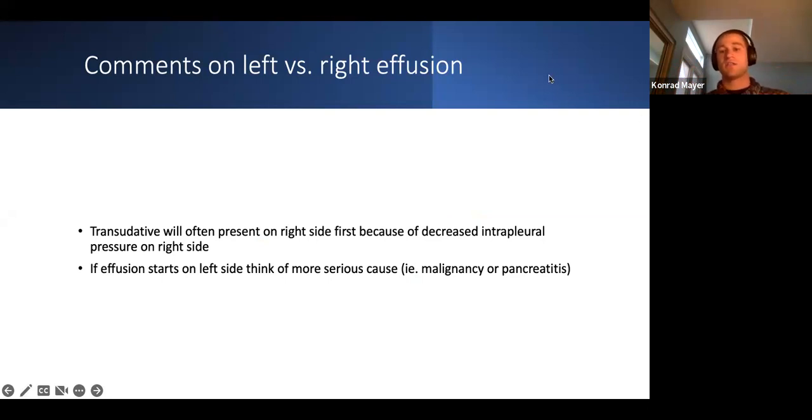So if it is just a congestive heart failure issue, for example, with the fluid being congested back, it will first go out into the right pleural cavity and then into the left. So right first is good, but if the left pleural cavity has a pleural effusion first, that is a sign that something more serious might be going on. We might have a malignancy, or pancreatitis seeping in through the diaphragm, for example. Those are more serious causes of pleural effusion, and they often present on the left side first.